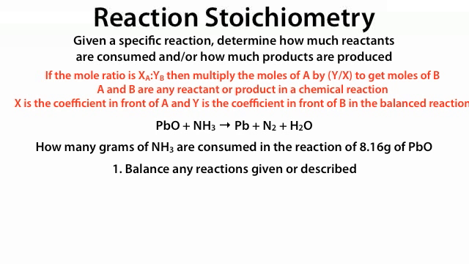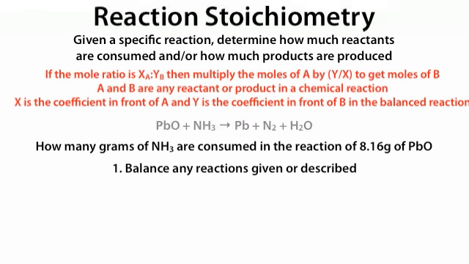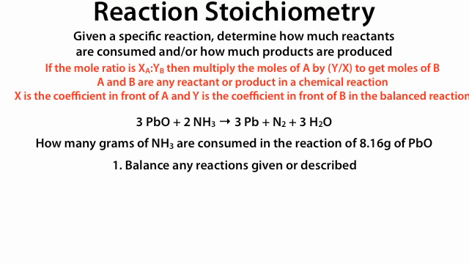This is extremely important because even if you know the techniques to solve a certain stoichiometry problem, if you don't have the correct balanced equation, then you will get the wrong answer no matter what. So we're going to balance this equation to 3 PbO + 2 NH3 yields 3 Pb + N2 + 3 H2O. The equation is now balanced.